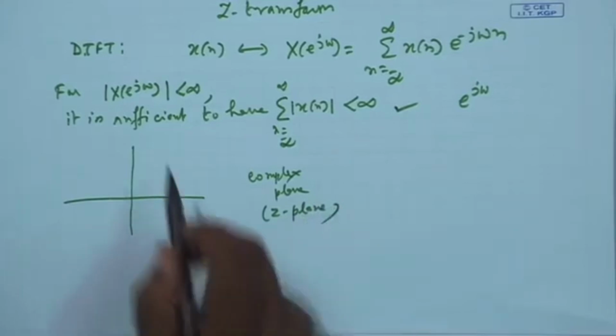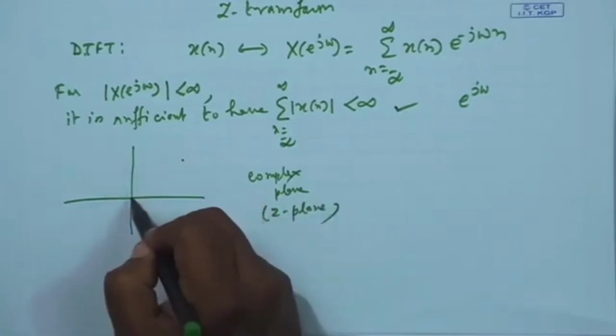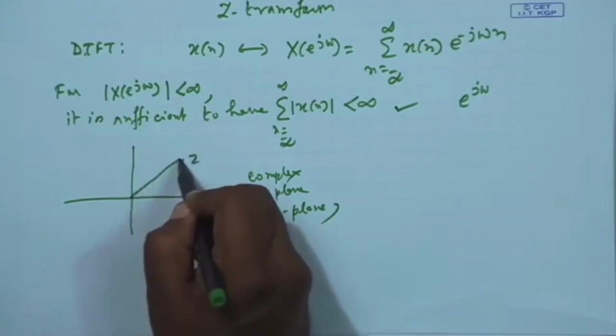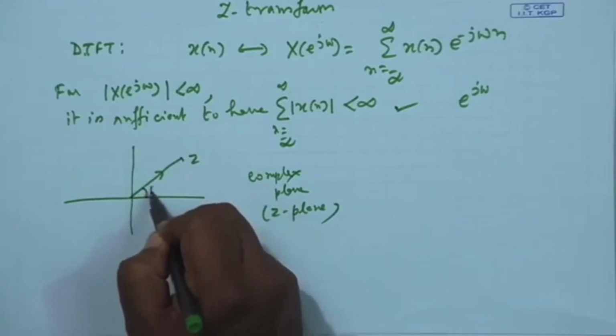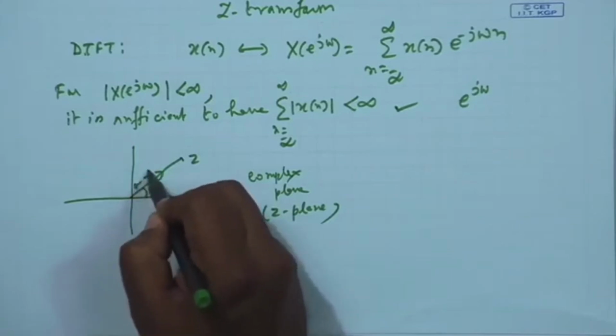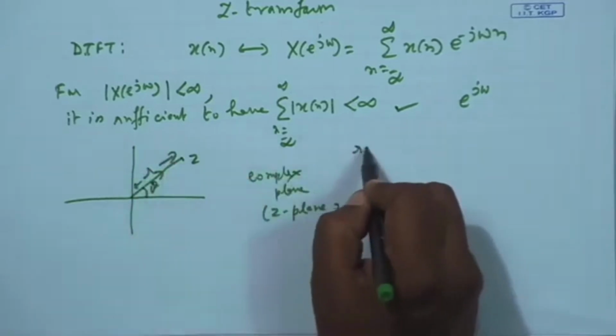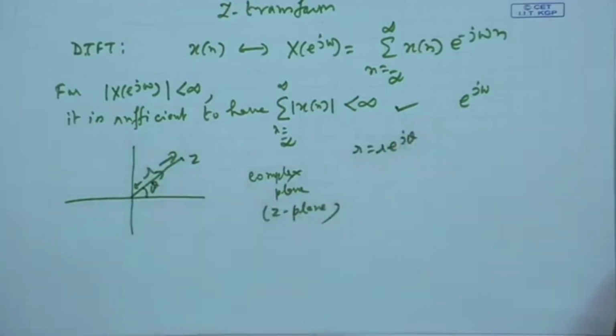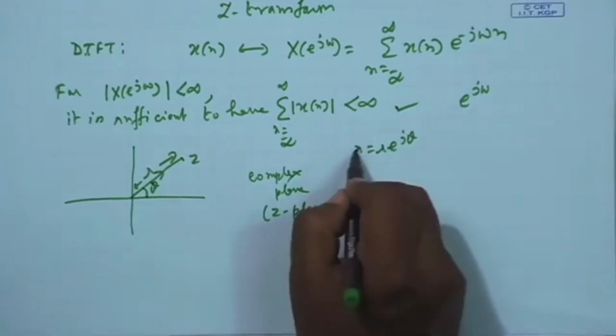Z plane means every point has got, if it is Z, you can draw a line, and if this is theta and this length is r, Z basically is r e to the power j theta. Here we will be interested in the polar form, not in rectangular form like a plus j b, but in this kind of polar form.